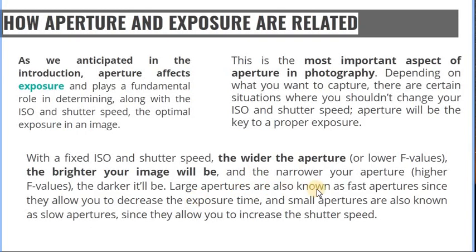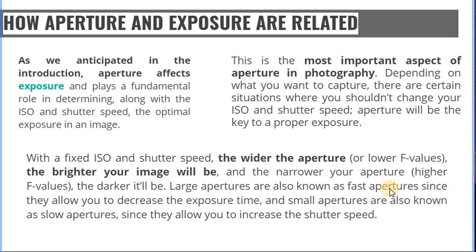Sabi dito, the large apertures are also known as the fast apertures. Bakit po? Kasi, bakit siya fast? Kapag large kasi ang aperture mo, mas madami ang light na pumapasok. So, therefore, mabilis lang ang click mo. Kunwari, nasa maliwanag naman, for example, you have enough light. Kaya sinasabi niyang large aperture, fast apertures.